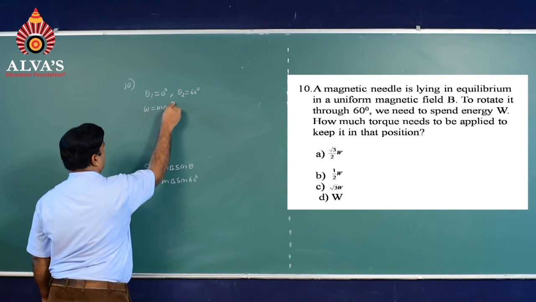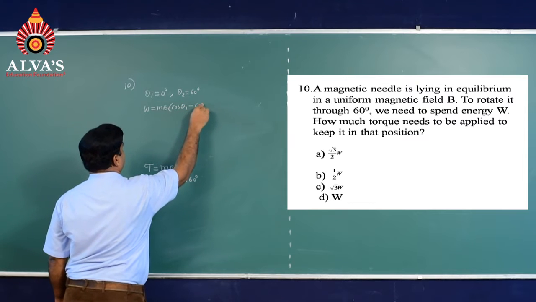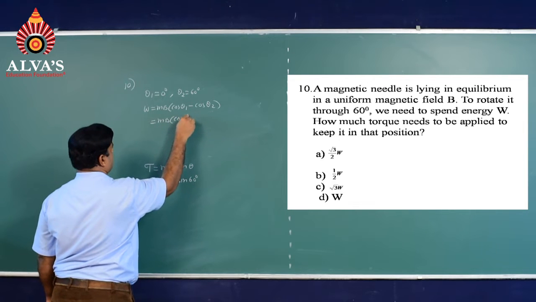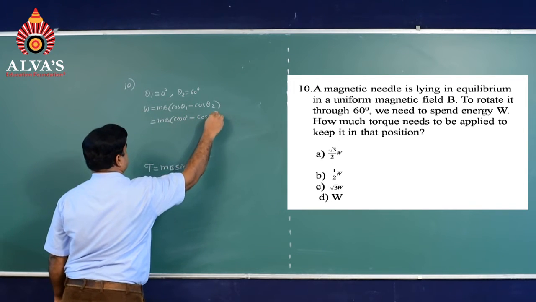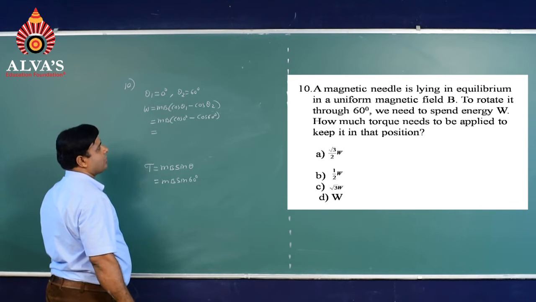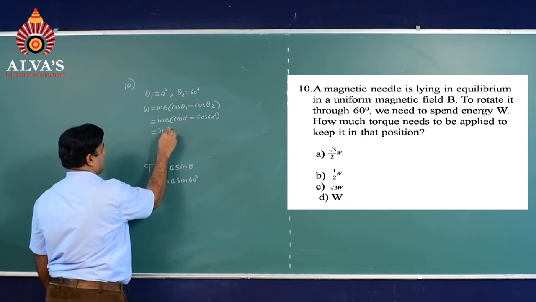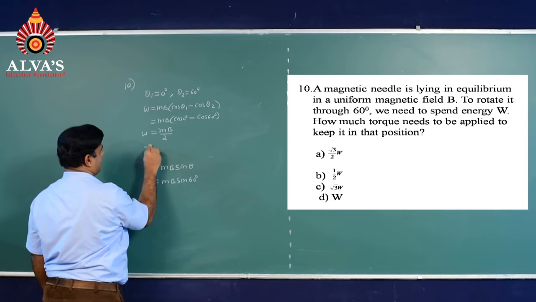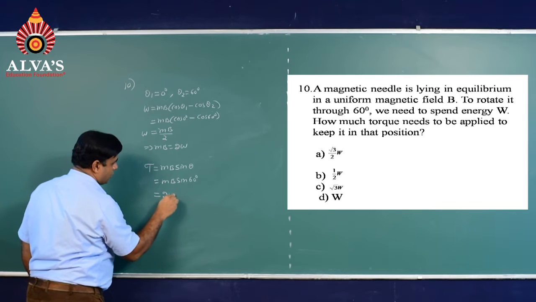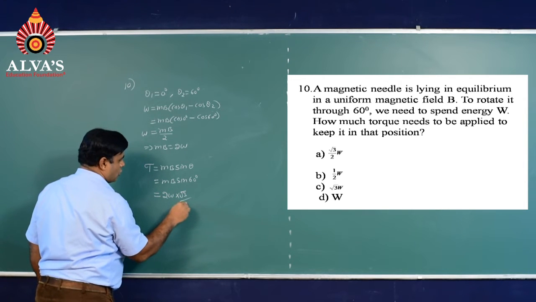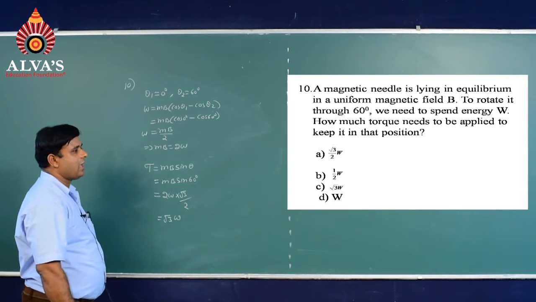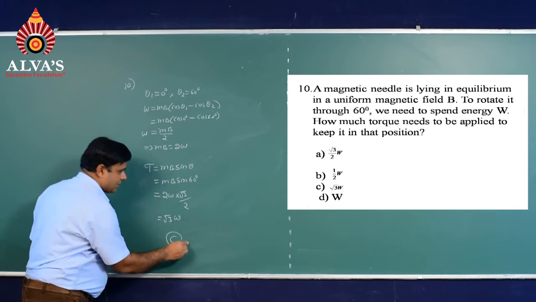W is mb into cos theta 1 minus cos theta 2, which is mb into cos 0 degree minus cos 60 degree, cos 0 is 1, cos 60 is 1 by 2, 1 minus 1 by 2 is 1 by 2, which is mb by 2 equal to W, implies mb equal to 2W. Therefore, this is 2W into sin 60, root 3 by 2, which is root 3 times W. So, the answer should be C, root 3W.